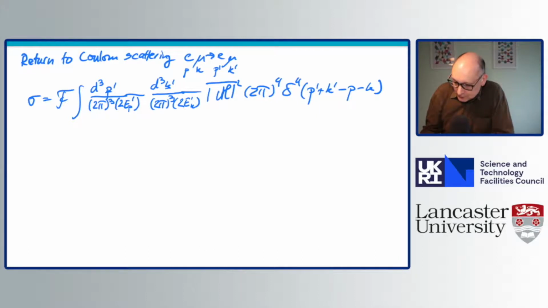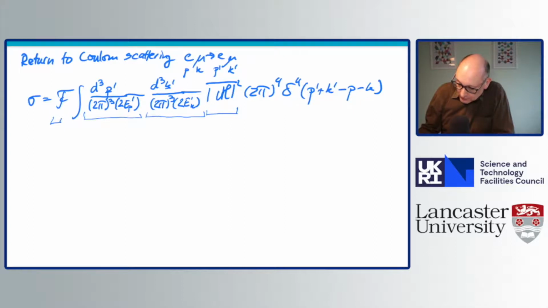Now this expression is Lorentz invariant. That means the momentum measures here are Lorentz invariant, the scattering amplitude is Lorentz invariant, the flux factor is Lorentz invariant, and this is just a requirement that this energy and momentum is conserved, which is of course Lorentz invariant.